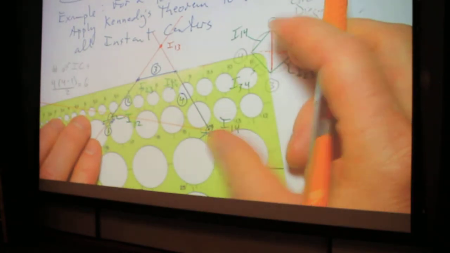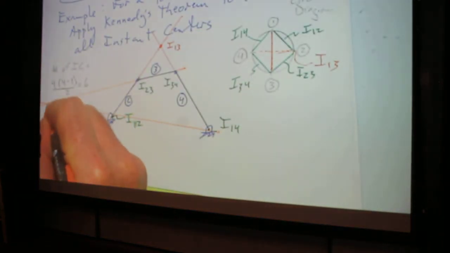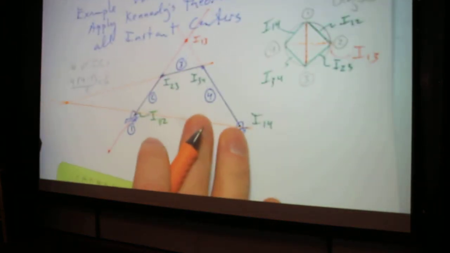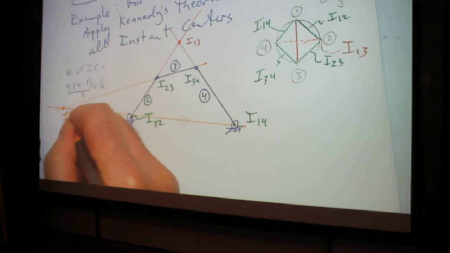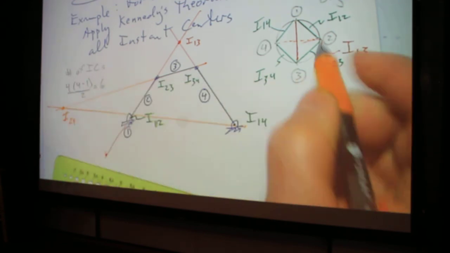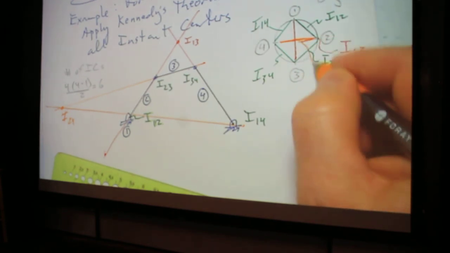Where those two lines intersect, that right there is how we locate I24. And we make that line solid. So this is I24.